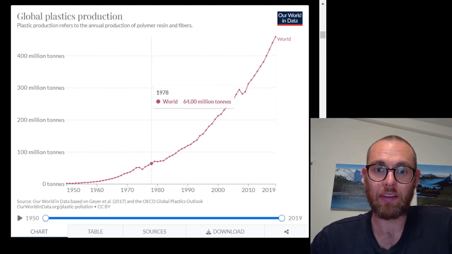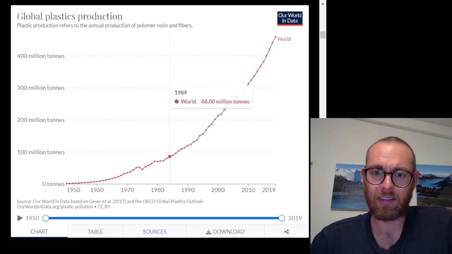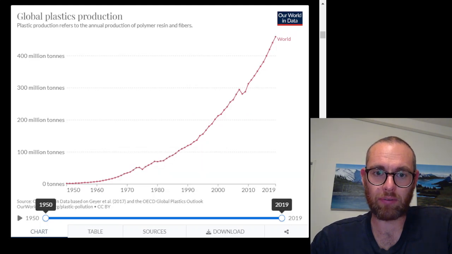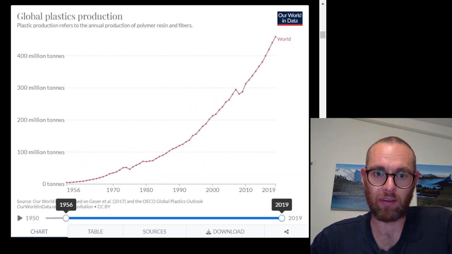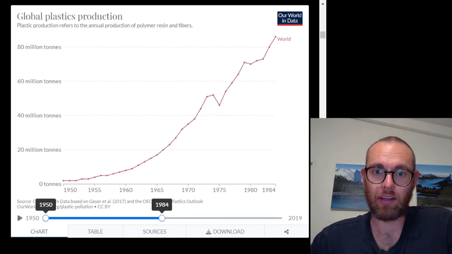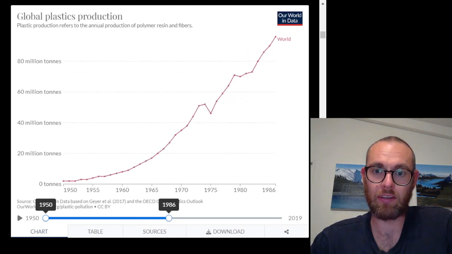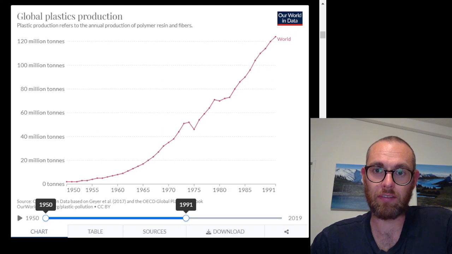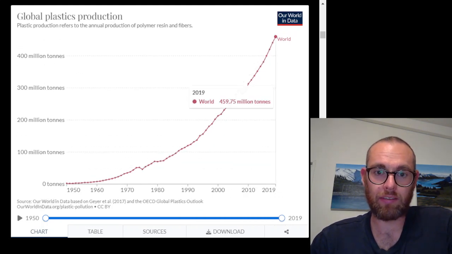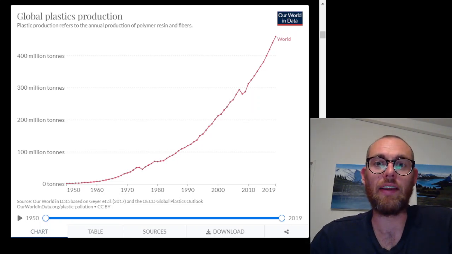It's pretty crazy, and you can play around with this graph a bit to see the curve a little bit better, if you just want to see how it was up to the 1990s or something. But it's a really nice visualization that they've done here at Our World in Data.